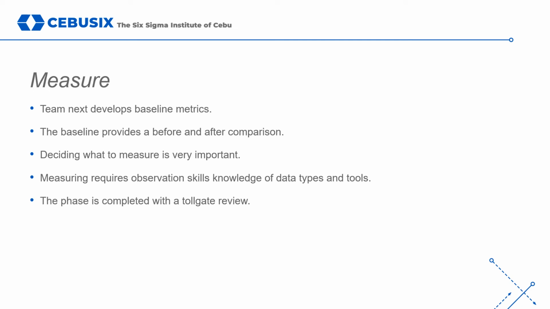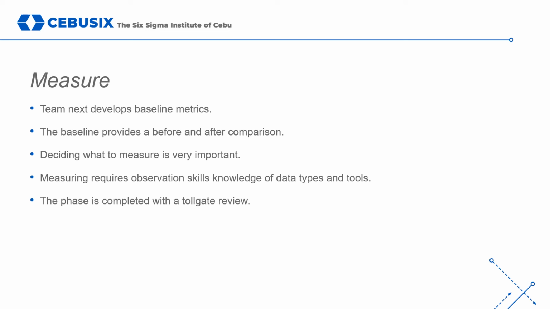One of the biggest challenges, especially for teams and team members who are new to Six Sigma, can be deciding what to measure. Many times, inexperienced teams end up spending time collecting data that doesn't provide answers or cannot be used for the process.